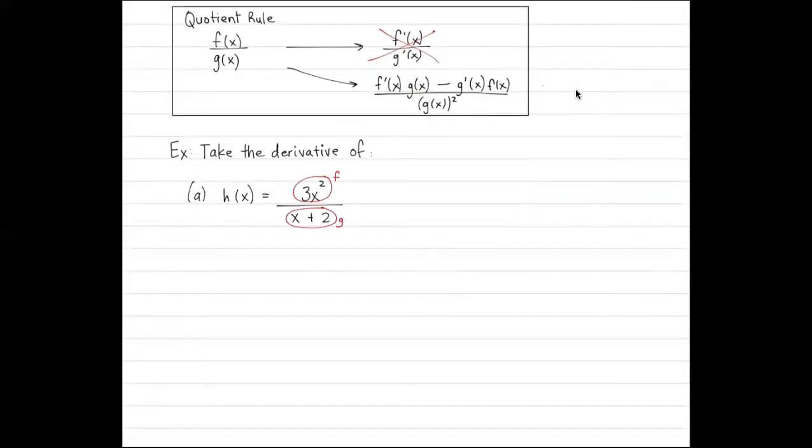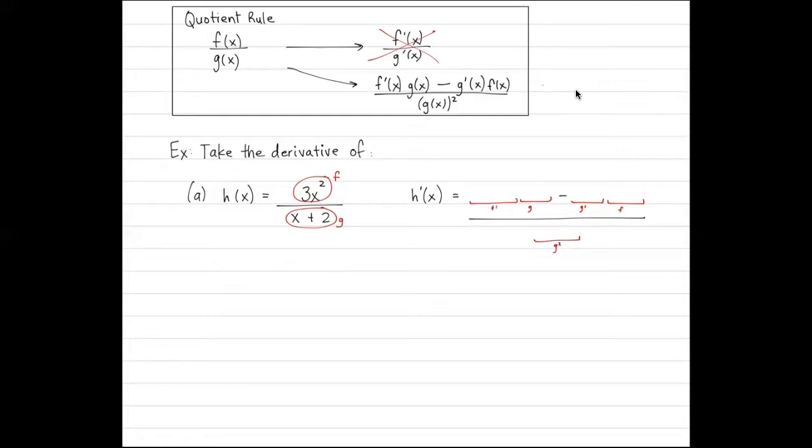All right, so if I was to write out my derivative, I'm going to do fill in the blanks again. I've got the derivative of the top times the bottom, minus the derivative of the bottom times the top, all over the bottom squared. Okay, so it's fill in the blanks.